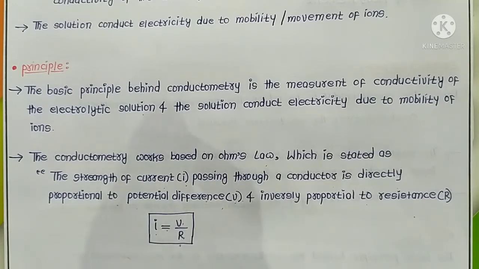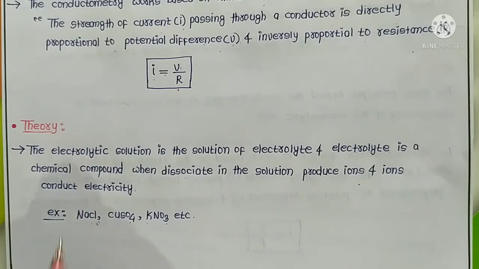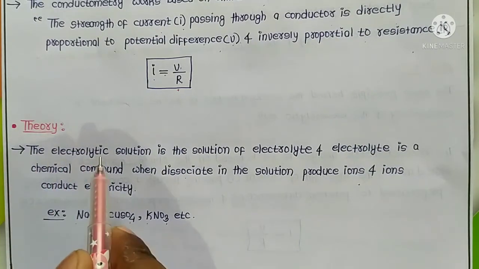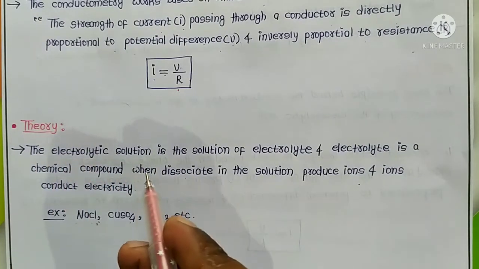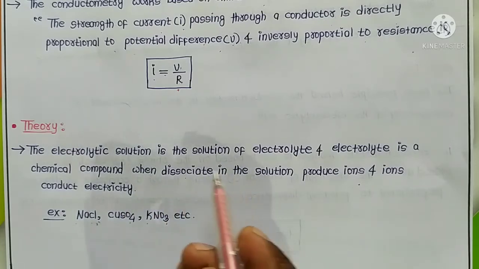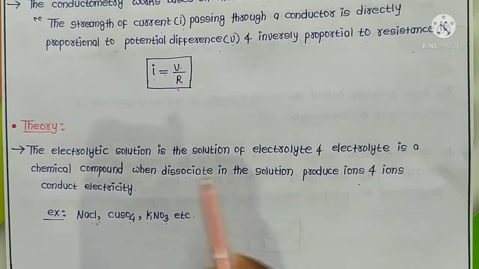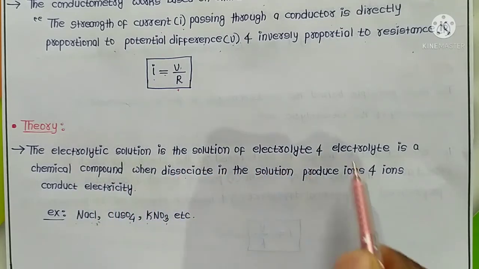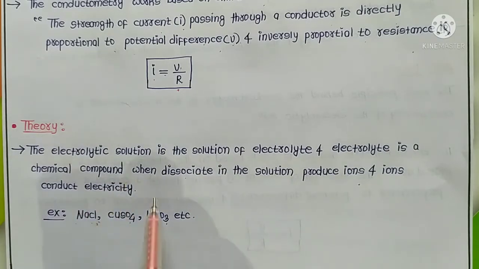Now let's understand the theory behind conductometry. As we discussed earlier, conductometry is the measurement of electrical conductivity of the electrolytic solution. What is an electrolytic solution? The electrolytic solution is the solution of an electrolyte. Basically, an electrolyte is a chemical compound which, when dissociated in the solution, produces ions, and those ions start to conduct electricity.